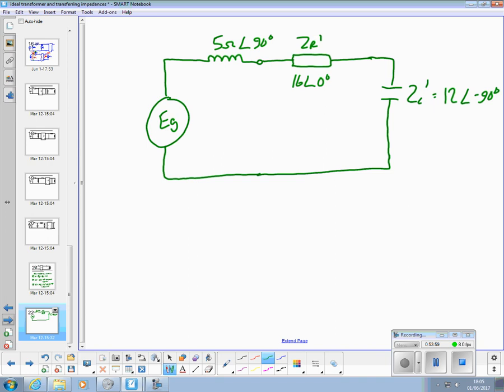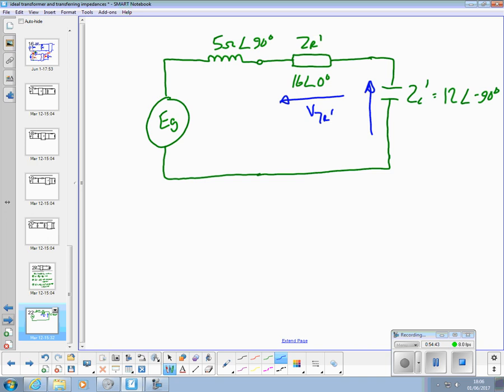Just as a reminder to myself and you, we're looking to find the voltages in the original circuit across the capacitor and the resistor. That's what the question's asking us to find. So if we find that voltage and that voltage, that's VZR dash and VZC dash, we can then transfer them back using the ratio back to the other side.